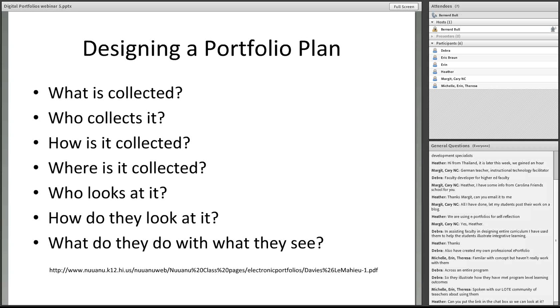Next, who looks at the portfolio? So as students might collect the work, well, the student looks at it themselves, what other stakeholders outside of the learning organization, sort of mentors or people out in the world beyond the school that are involved in giving feedback on the artifacts? Is it the teacher? Are peers looking at it? All of that's part of the plan, deciding what's a good fit for your context.